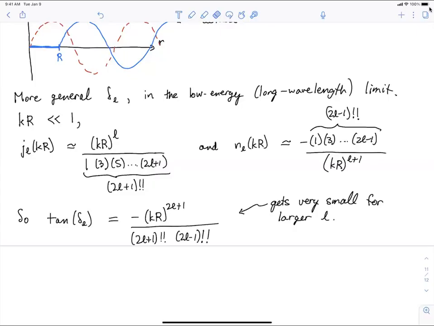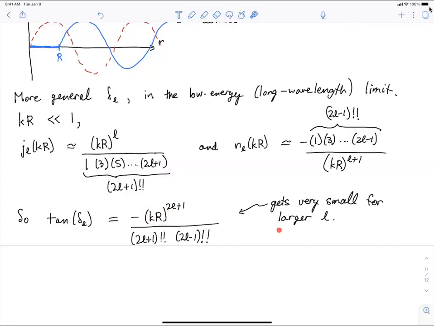One reason is that we agreed to call this thing a small number. We're taking that limit, so we're taking a small number to a positive power. But not only that, we've got these double factorial functions in the denominator, and they get very large very fast as L increases, as factorials tend to do, right?